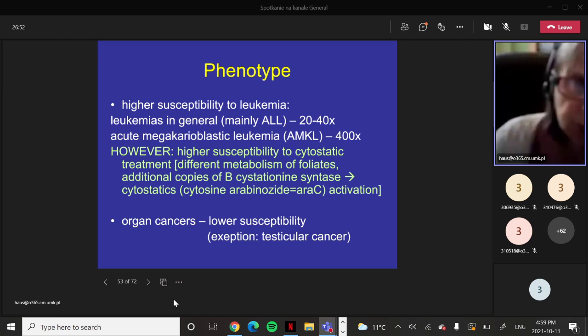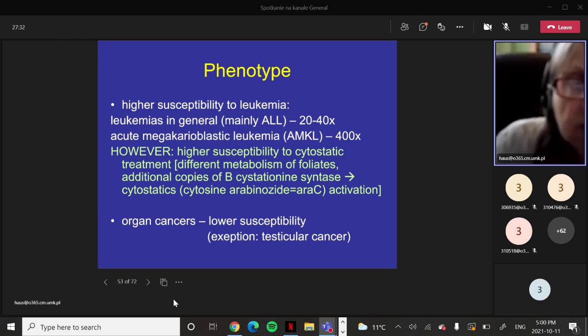And children with Down syndrome are also more susceptible to cytostatic treatment because of different metabolism of folates, and also additional copies of, for example, cystathionine beta-synthase, which augments the activation of cytosine arabinoside, ARA-C.